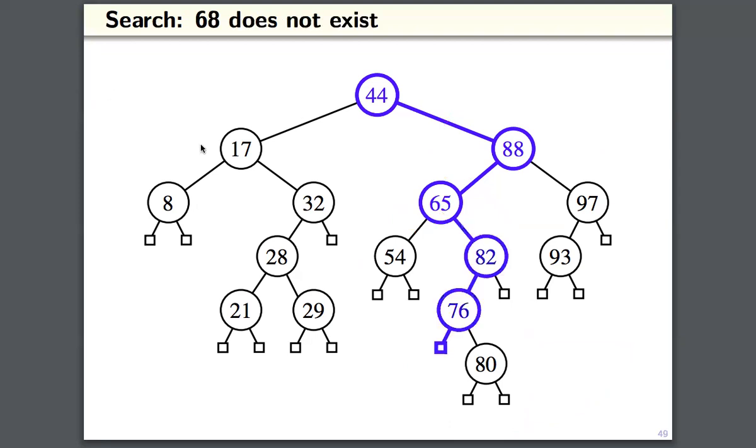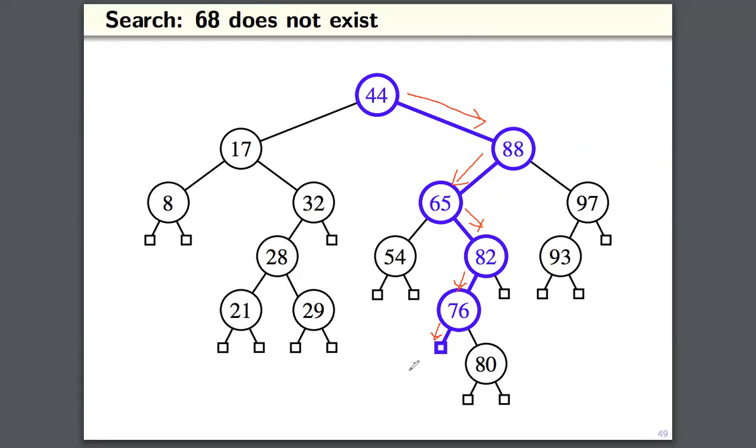If it is a successful search... but suppose you're searching for a number and the number does not exist, then what? Let's see. Suppose you're searching for 68. 68 is greater than 44, so go right. 68 is less than 88, go left. Greater than 65, right, then left, left.